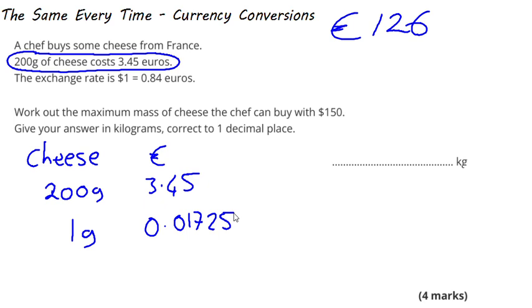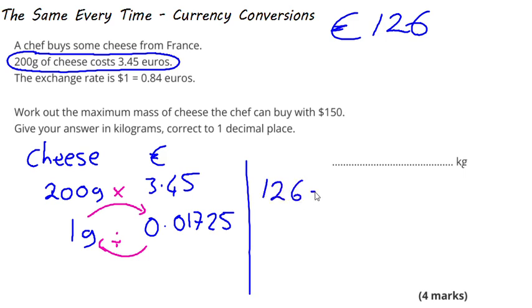And we have 126 euros, which I need to convert into cheese. So the same idea, to go from cheese to euros, I'm multiplying. Multiply by 0.01725. And to go from euros to cheese, I'm dividing. So my calculation is going to be my 126 euros divided by 0.01725.